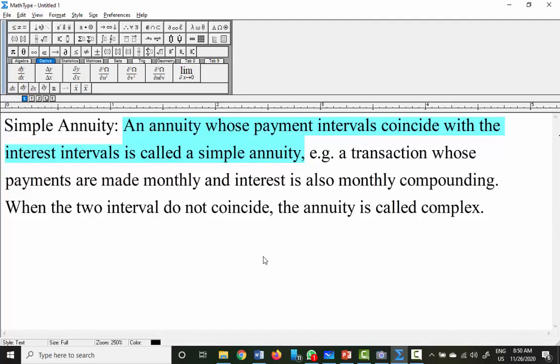If you are making quarterly payments and interest is also compounded quarterly, this is a simple annuity. But otherwise it will be called a complex annuity. If you are making quarterly payments but interest is compounded semi-annually, monthly, or daily, the payment interval and compounding interval do not match, so these will be considered complex annuities.